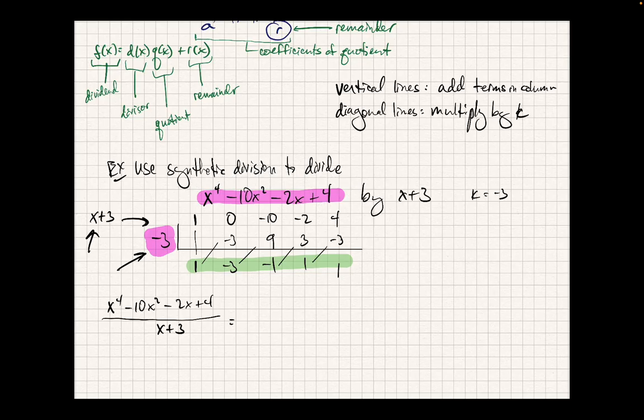So we got x to the third. This is not an x to the fourth, but an x to the third. So I'm going to write x to the third, and then minus 3x squared, and then minus x. I don't have to write the 1. Then plus 1, and this one is a remainder.